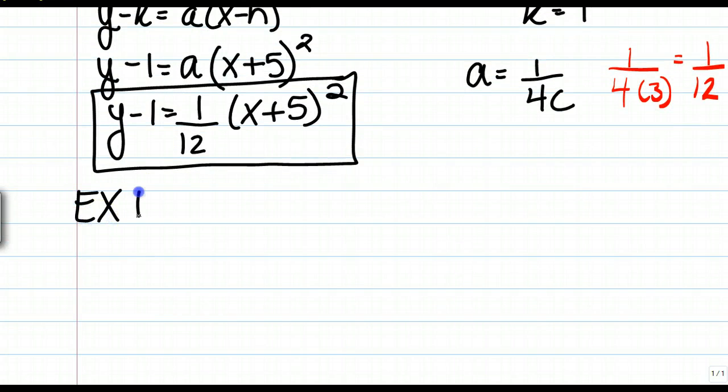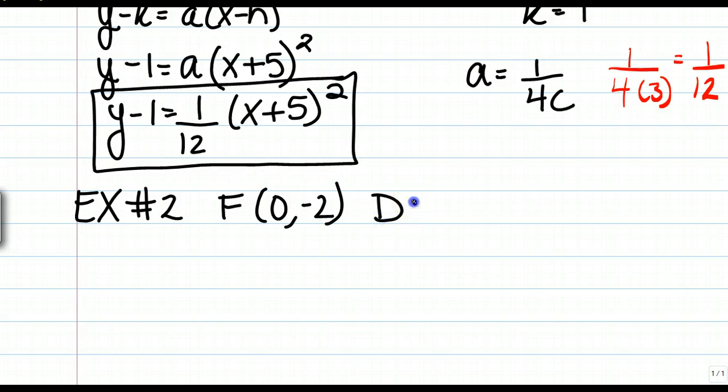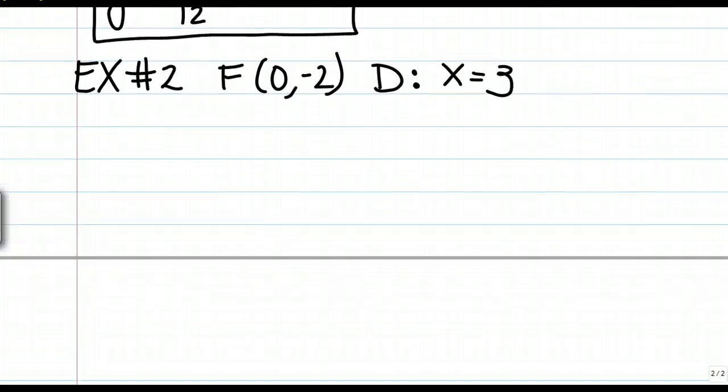Example number 2. Sometimes I might give you the focus and the directrix. I'm going to abbreviate. And I'll ask you to find an equation. For me, it's easier if you just start to graph it so you can see what you know and what you don't know.